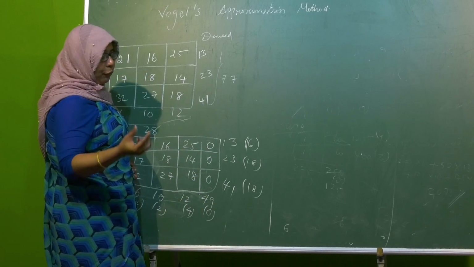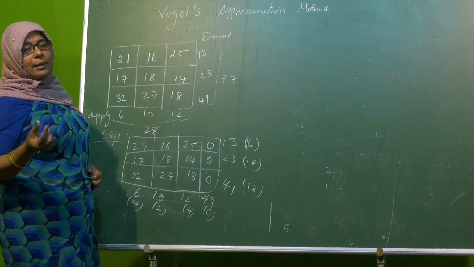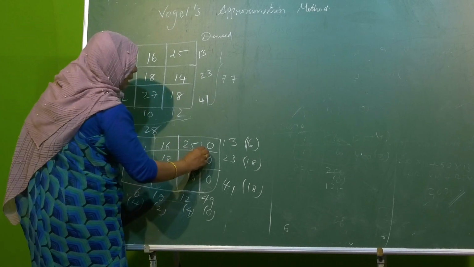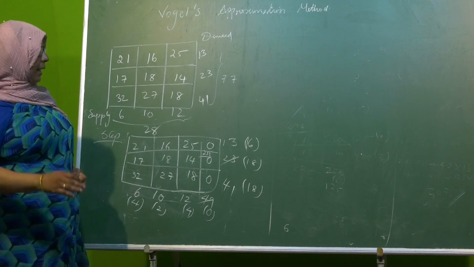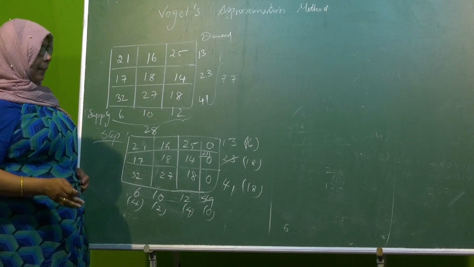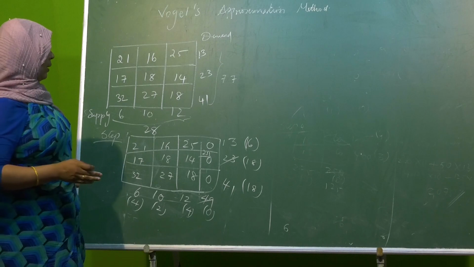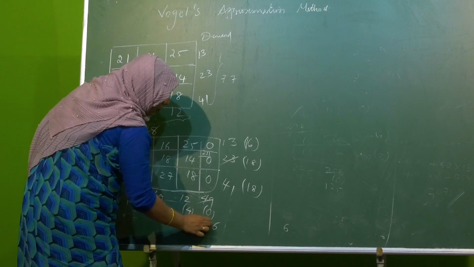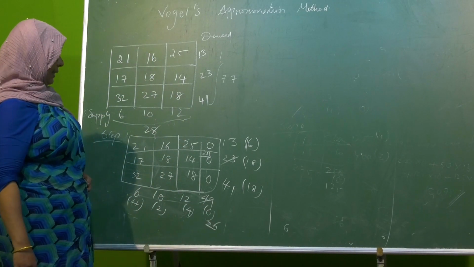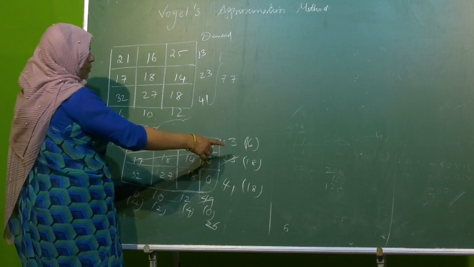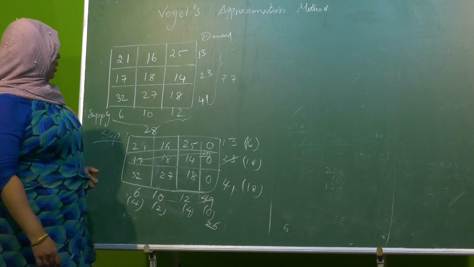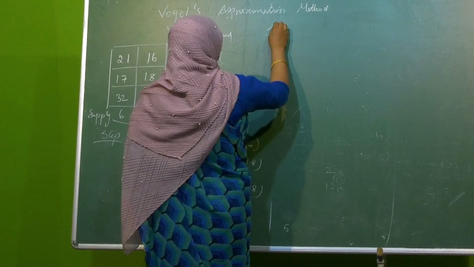Which is the minimum of 23 and 49? 23 is the minimum, so you allocate 23 here. Then 49 minus 23 gives 26. Now eliminate the second row because 23 is exhausted. Now move on to step 2.